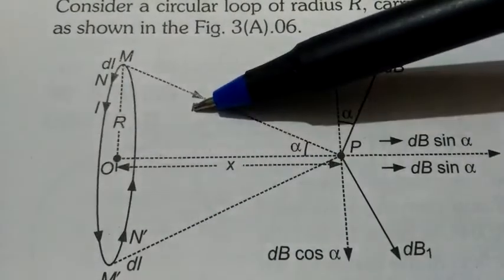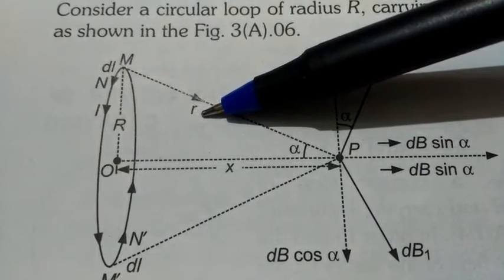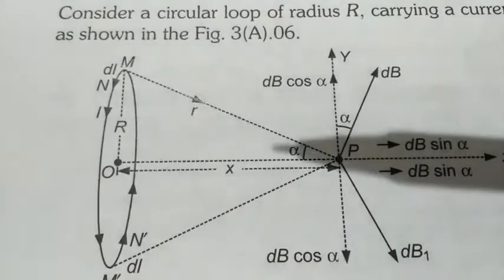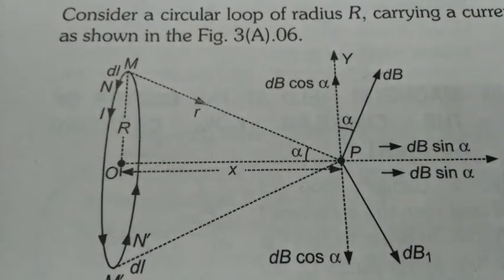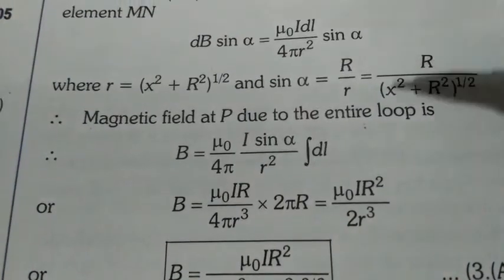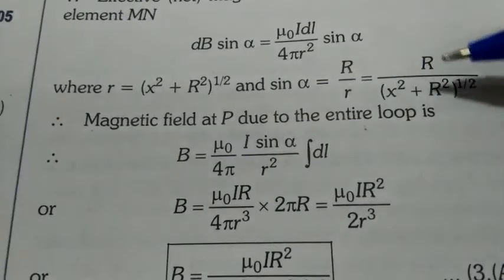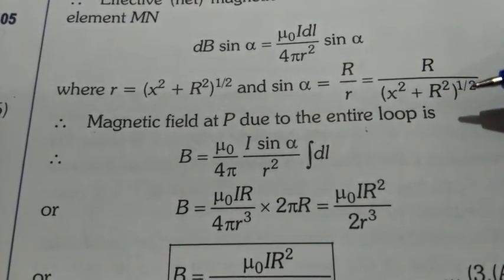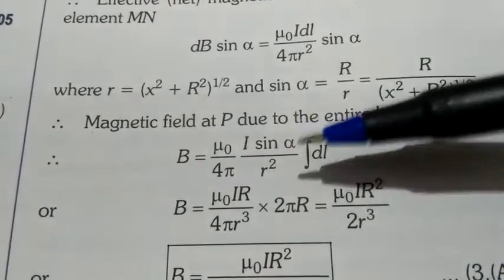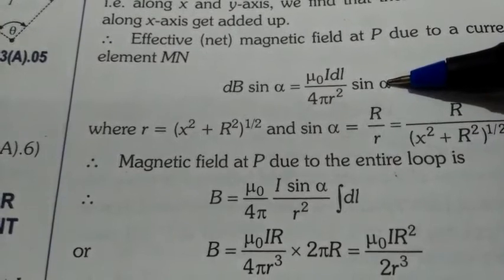And for hypotenuse, we have right now derived one formula, x square plus capital R square's whole power half. When we put that value here, sine alpha equals R upon r, or equals R upon x square plus R square to the power half. So now this value is for the small current element.